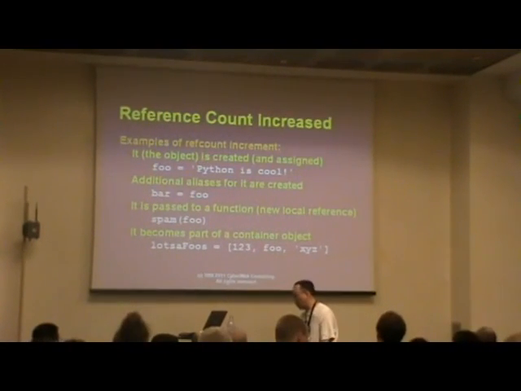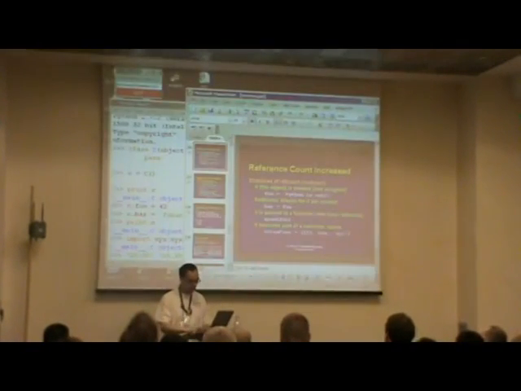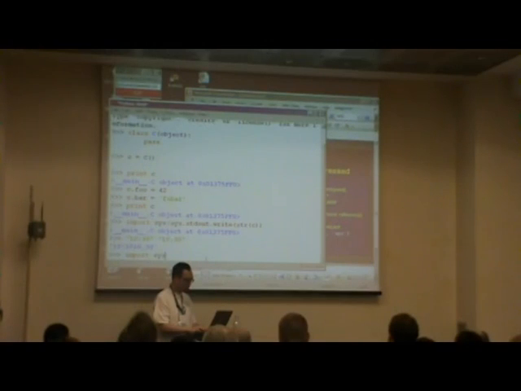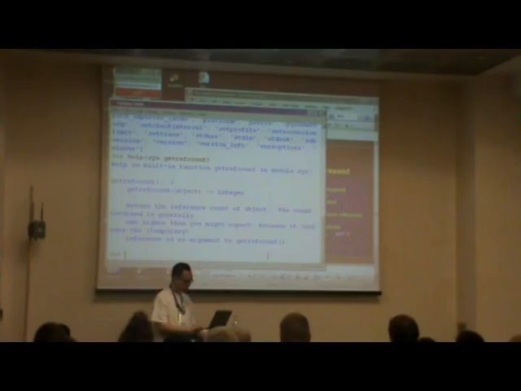The question is, can I get the reference count of an object? And I believe it is sys.getrefcount. Anybody confirm that, or do I have to import sys? Okay, sys.getrefcount.